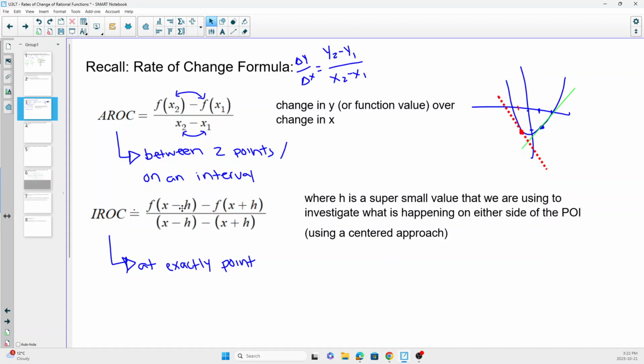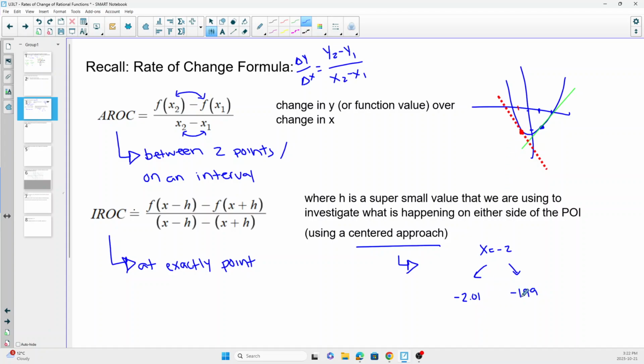And it's going to, in theory, represent the rate of change at that exact point. And so this formula here, the notation's a little different than we introduced in Unit 1, but basically we are using a centered approach in this course. We can't just figure out what's happening at x equals, let's say, -2. If that's our point of interest, we want to know what is happening at x equals -2. We have to investigate by choosing an interval that is just before and just after. So we might say, okay, well, what about -2.01 to the left, and -1.99 to the right of that point?